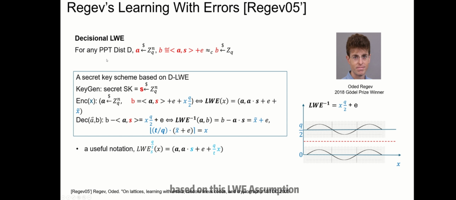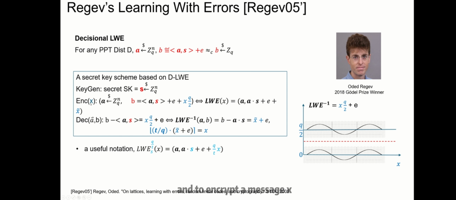Based on this LWE assumption, we can easily construct a secret key scheme. The key generation algorithm simply generates a secret vector S randomly.